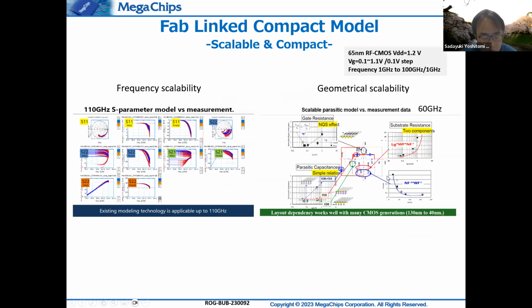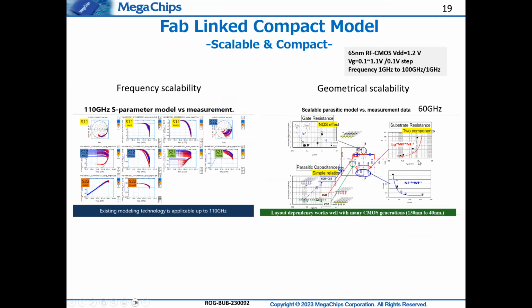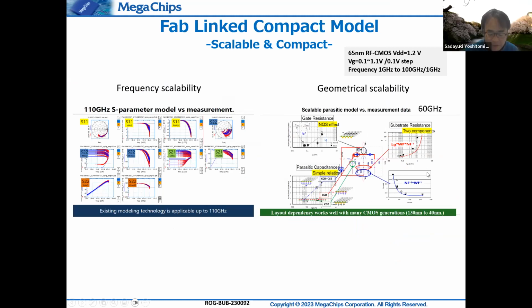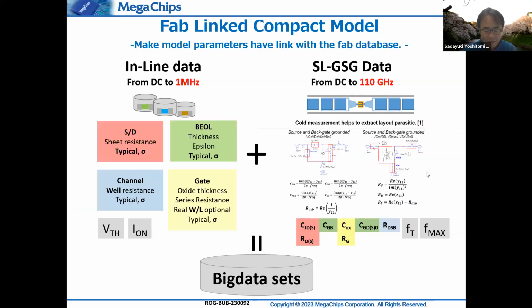This macro model is good to predict S-parameters from DC to 110 gigahertz with multi-bias conditions. The geometry dependence of the parasitic elements at 60 gigahertz is also accurately represented in the figures on the right-hand side. Based on this, the model is very good and valid to 110 gigahertz.